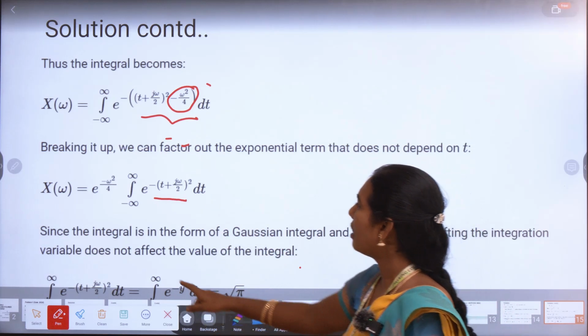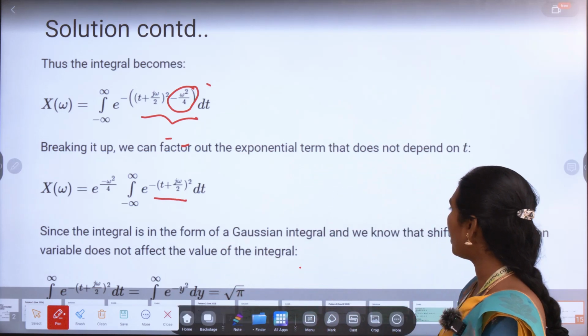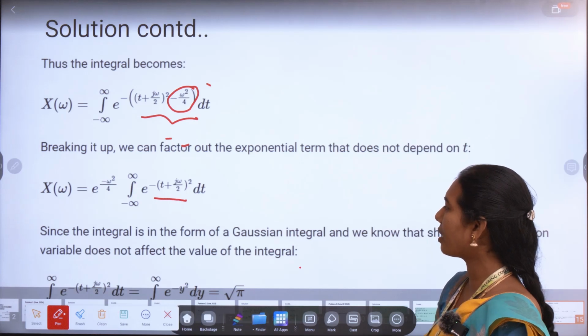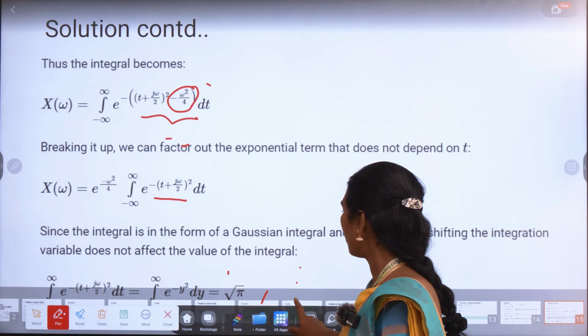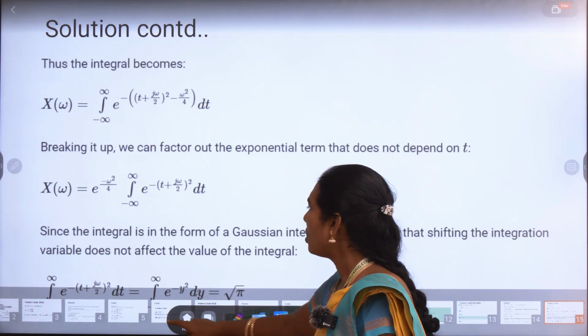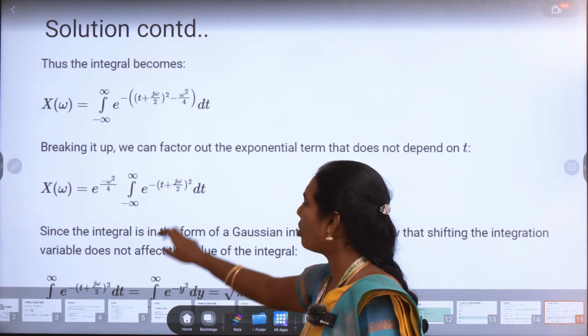After that, since the integral is in the form of the Gaussian integral, we know that shifting the integration variable does not affect the value of the integral. So here it is e power minus t plus j omega by 2 whole square dt.